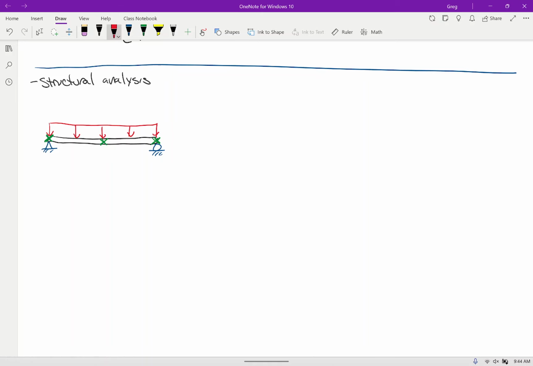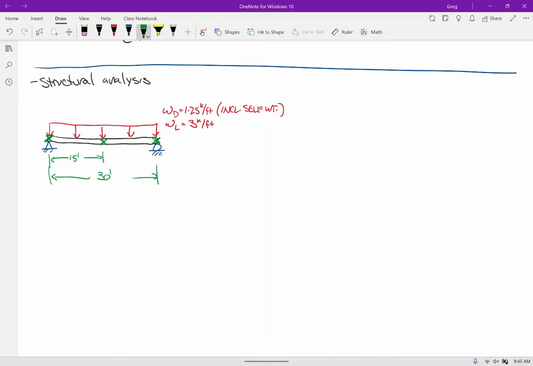We're told that W sub D is 1.25 kips per foot, and that this includes self-weight, so we don't need to add the extra 76 pounds per foot for the W24 by 76. It's built into this. We know that this is 30 feet, and we can write that this distance is 15 feet.